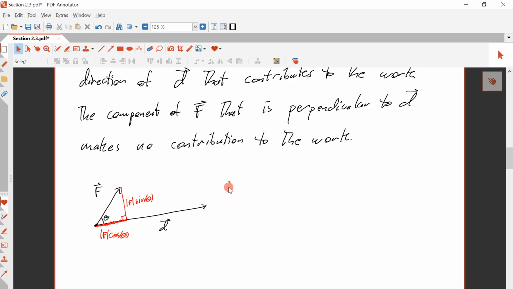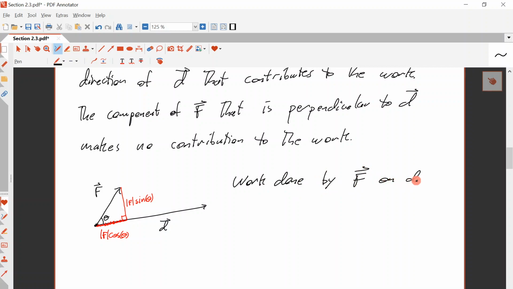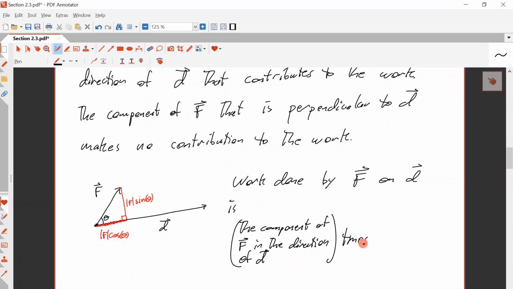So here, the work done by F on D is the component of F in the direction of D times the distance moved.